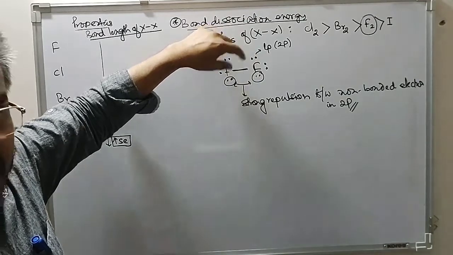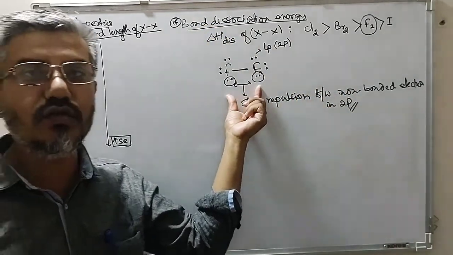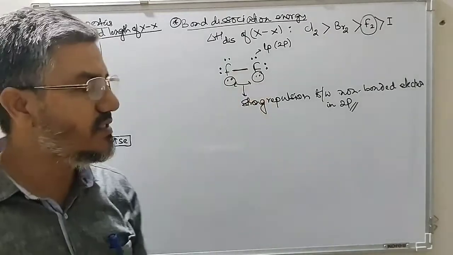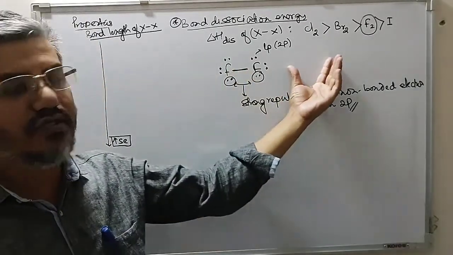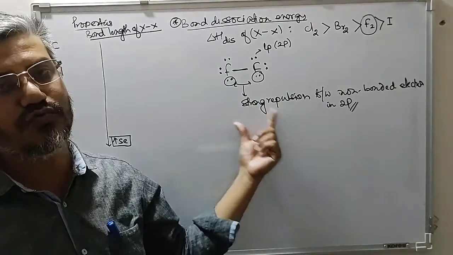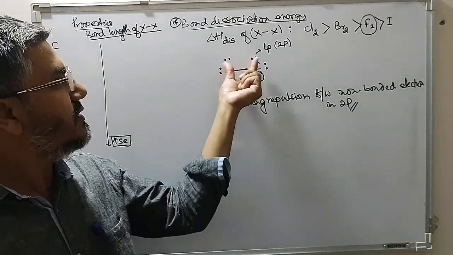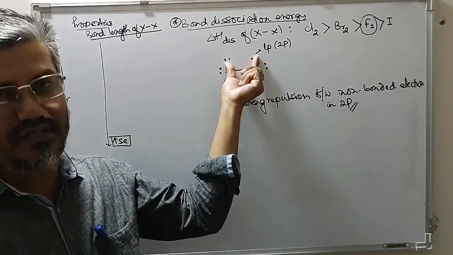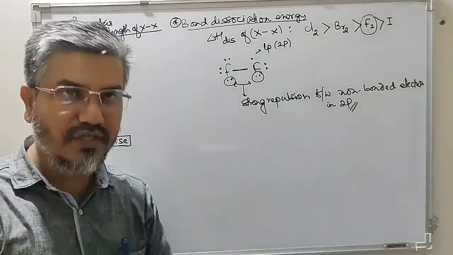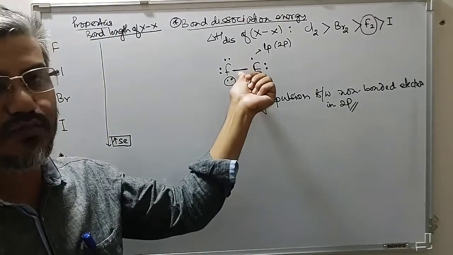Because of this, there is a strong repulsive force acting between these non-bonded lone pair electrons. So here look at this. The low bond dissociation energy of fluorine is attributed to strong repulsive force between non-bonded electrons present in these 2p orbitals. So this repulsive force dominates over this shorter bond distance.